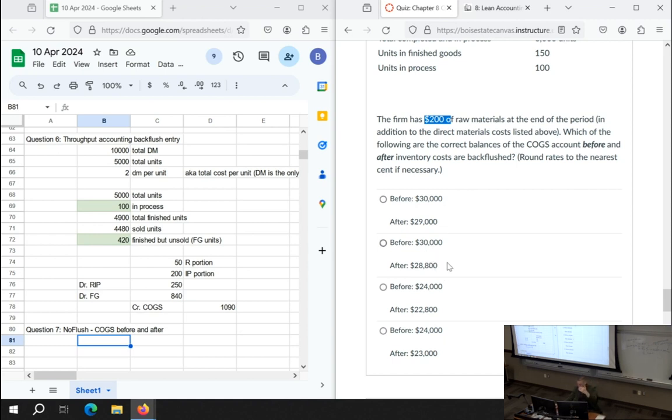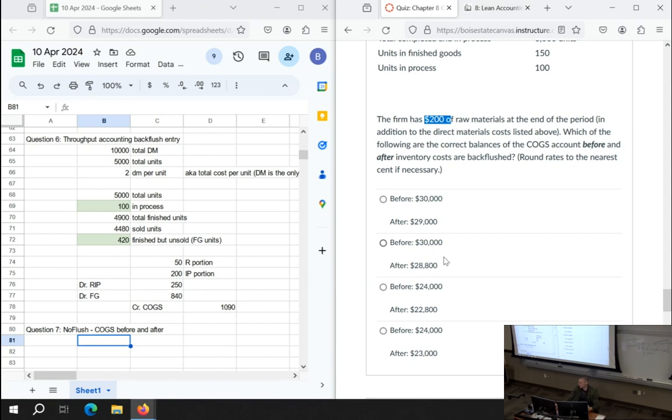You're crediting COGS $200 more than not. So I know this one's wrong because it's $200 higher than this one. I have suspicion that this one's wrong and that this one's wrong. So if I just had a guess, I'd say it's between B and C right now.